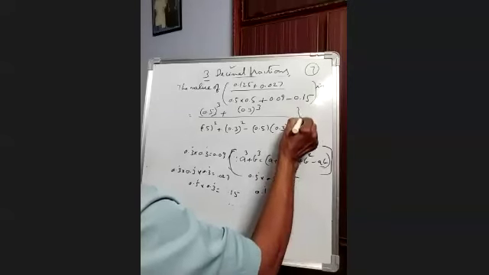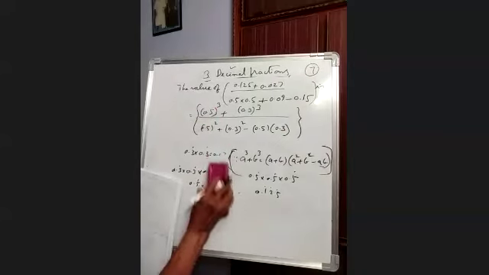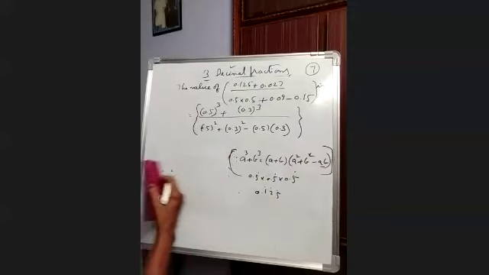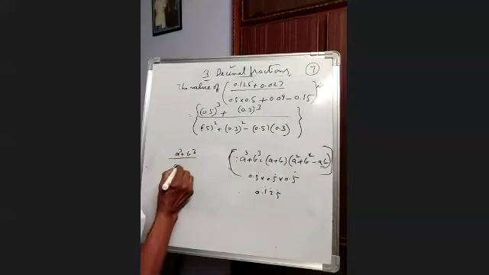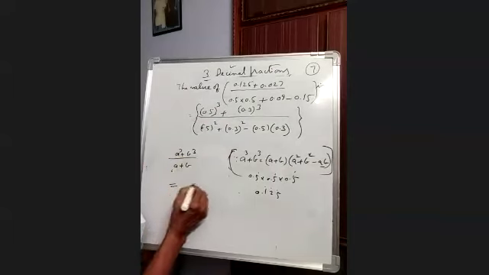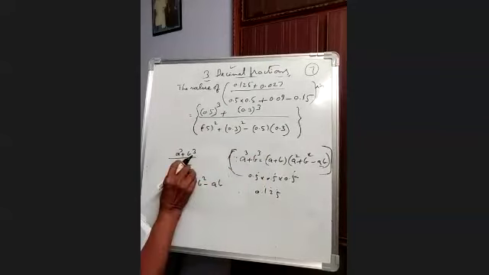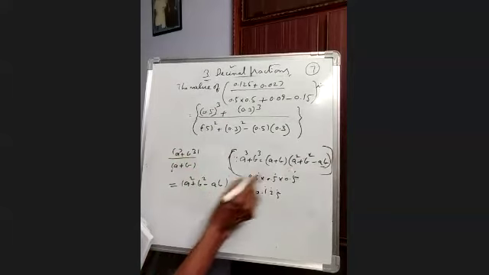Now, here in this formula, if this is the formula, you can write like this: A cube plus B cube by A plus B is equal to A square plus B square minus AB.